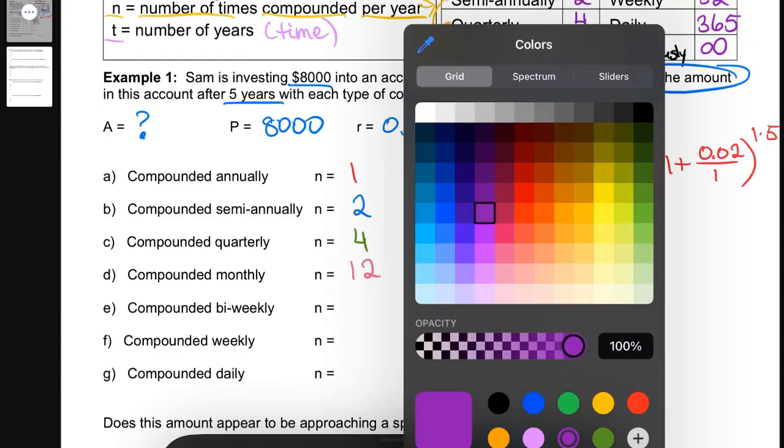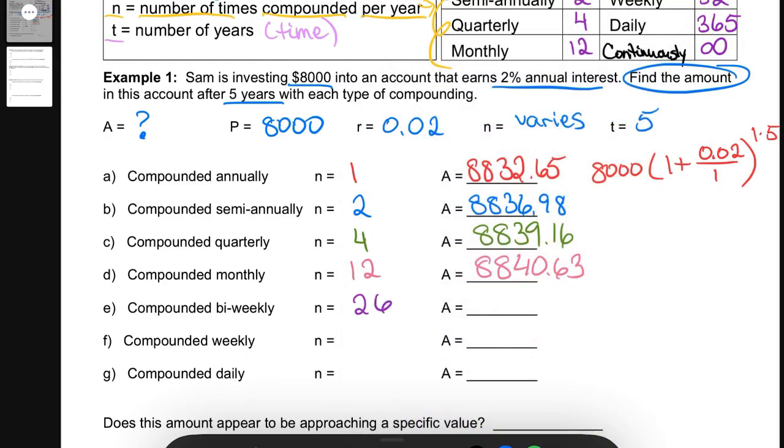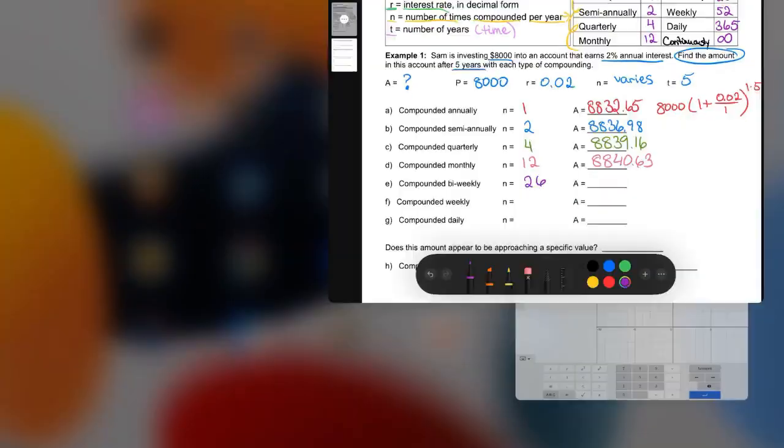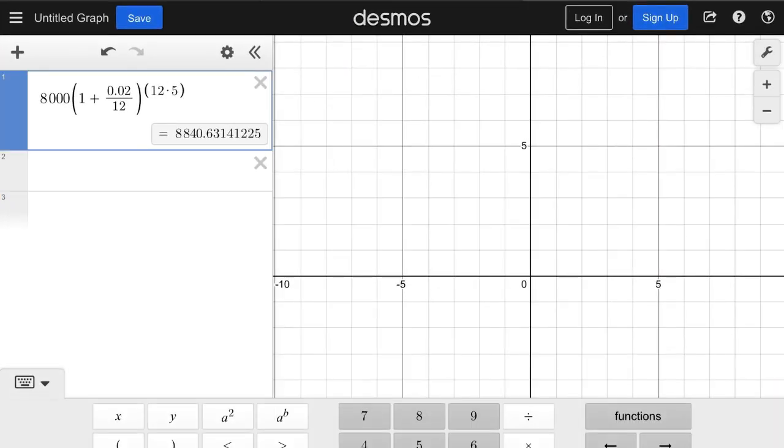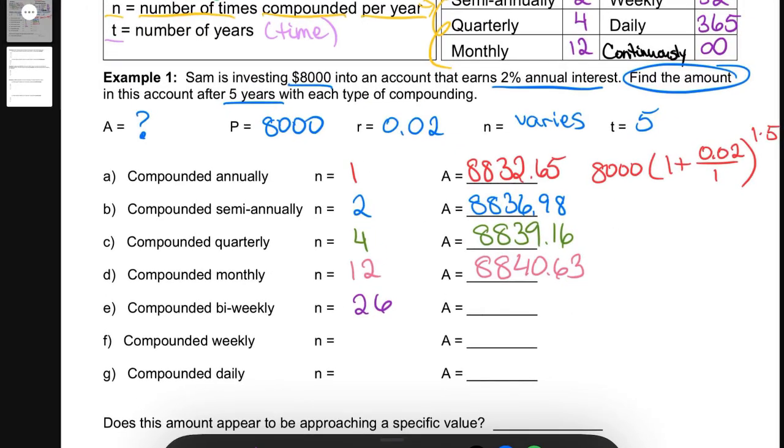Compounding bi-weekly, that's 26 times in a year, every 2 weeks. So change these 12s to 26, not 126, just 26. And we have just a little bit more money now, 8841.03. We didn't go up by as much, but we're still getting a little bit bigger.